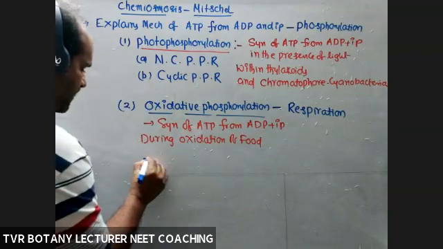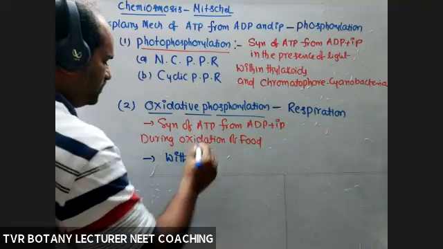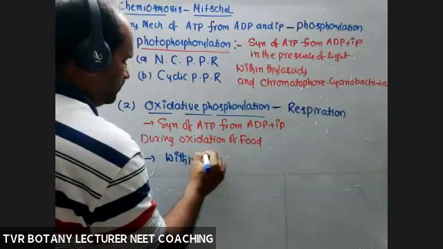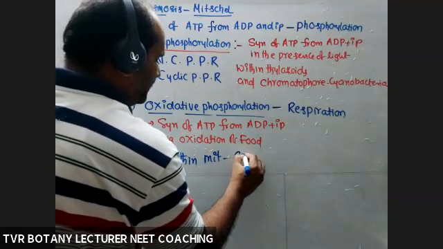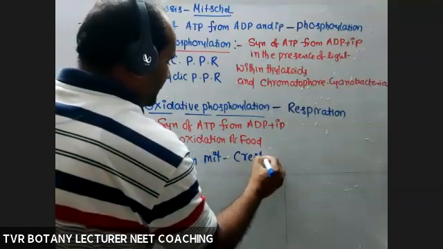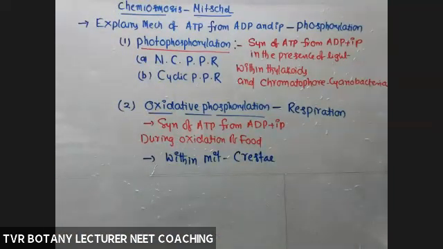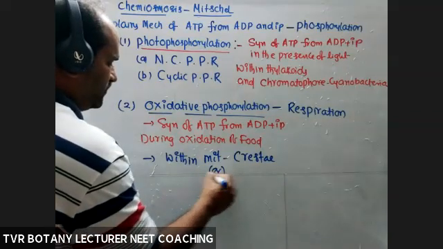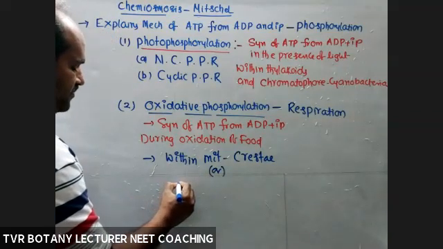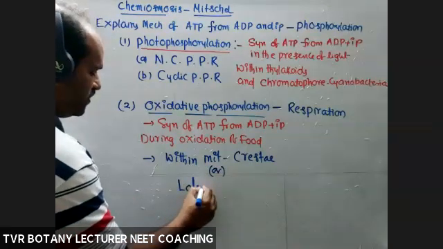Next, oxidative phosphorylation during respiration. This one takes place within mitochondria, particularly mitochondrial cristae of eukaryotes, or in the mesosomes, lateral mesosomes.